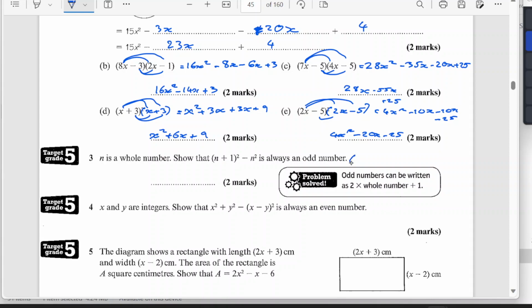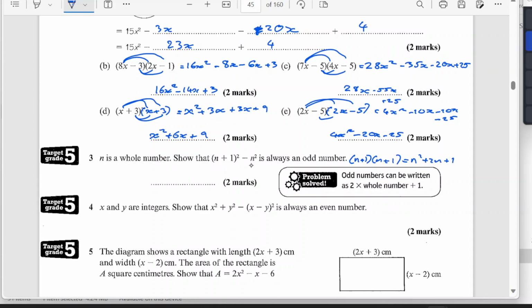So I'm going to say that n plus 1 squared is going to be n plus 1 times by n plus 1. So that's going to give me, and I'm actually going to take same as I did it earlier, but when I multiply that out, that would give me n squared plus 2n plus 1.